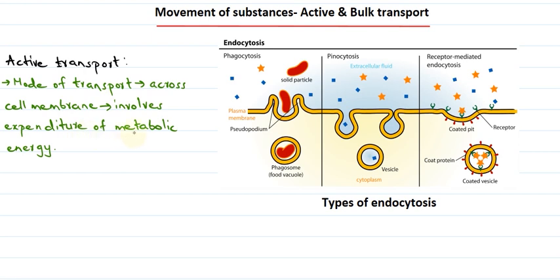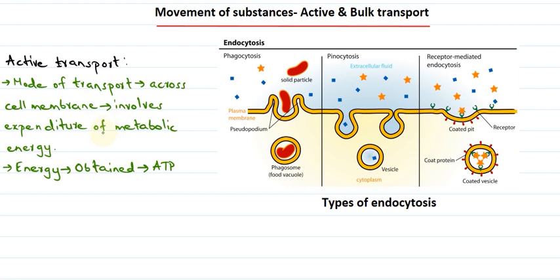requires metabolic energy, and this energy is obtained from where? It is obtained from ATP, that is adenosine triphosphate, which provides energy for this process of transport.